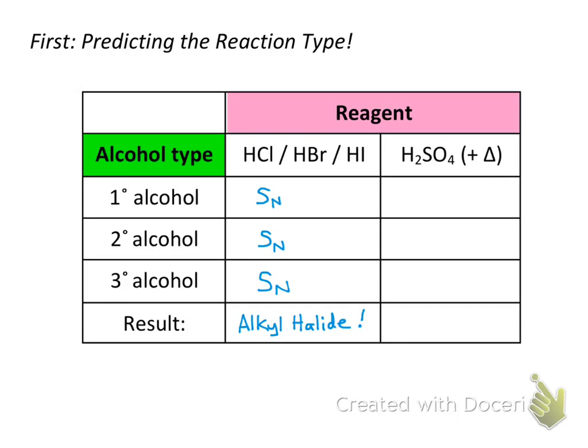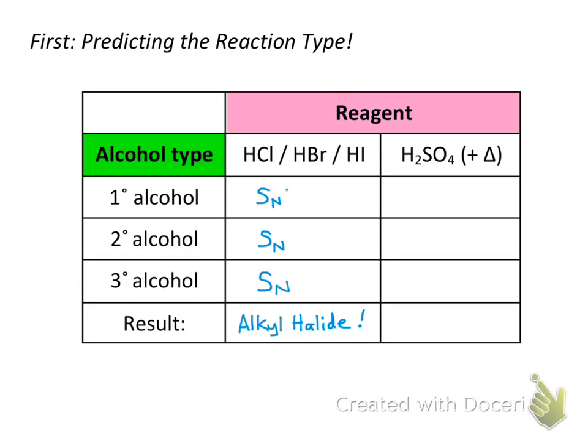Now then, the type of substitution that we expect at least, can be dictated by the type of alcohol we're looking at. So, as we'll take a closer look at in a moment, primary alcohols, if we were to try to proceed through a carbocation intermediate, we would create a primary carbocation, which is terribly unstable. Therefore, these do not lend themselves well to SN1 reactions.